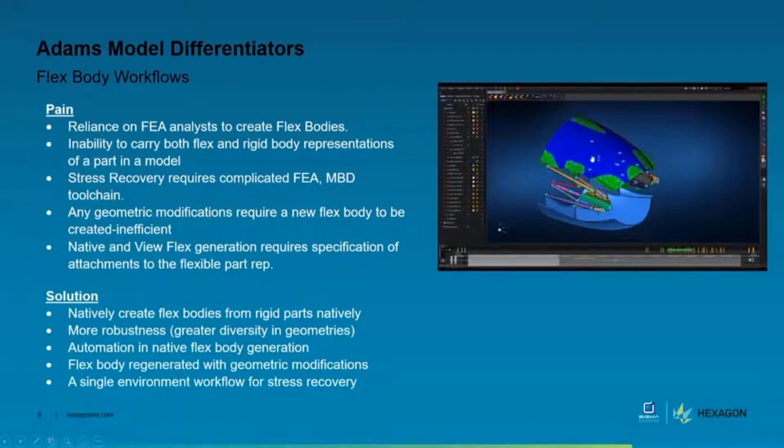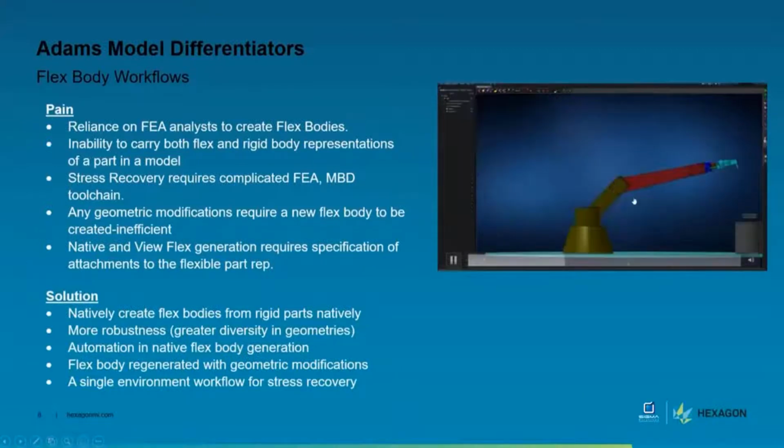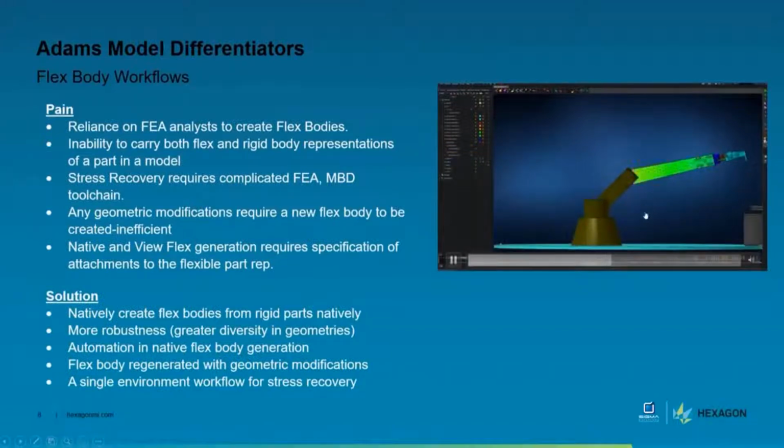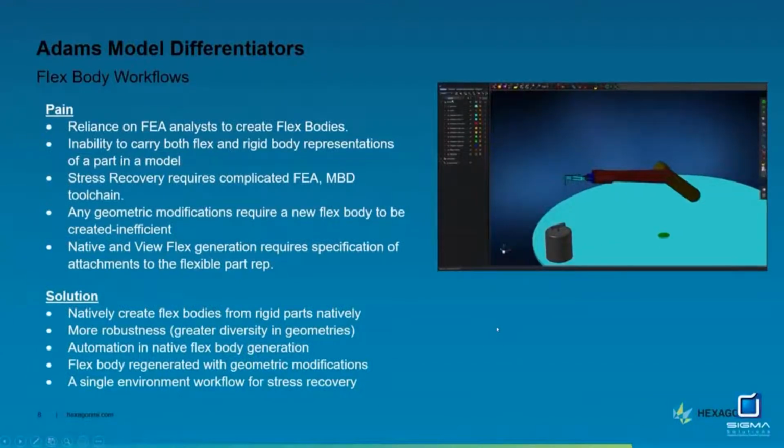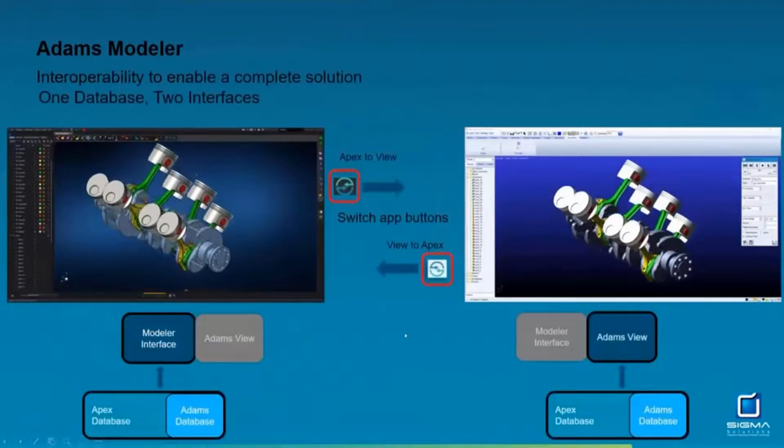For example, after we made flex bodies, if there was a change in geometry, again we had to create a mesh and then bring in the MNF file. So now, because the geometry is all associated, even if we make a change in that part, the mesh also will get refined, and it would quickly adapt and make the necessary changes to the component. So you need not do a reiterative analysis. So that's, I would say, another advantage of what we bring to you in terms of user experience.